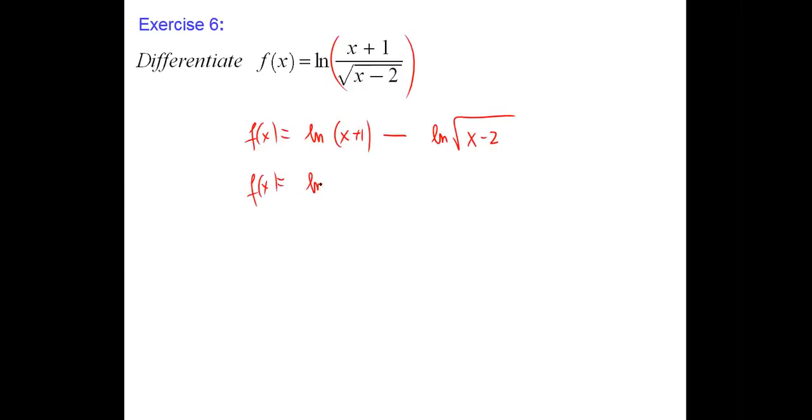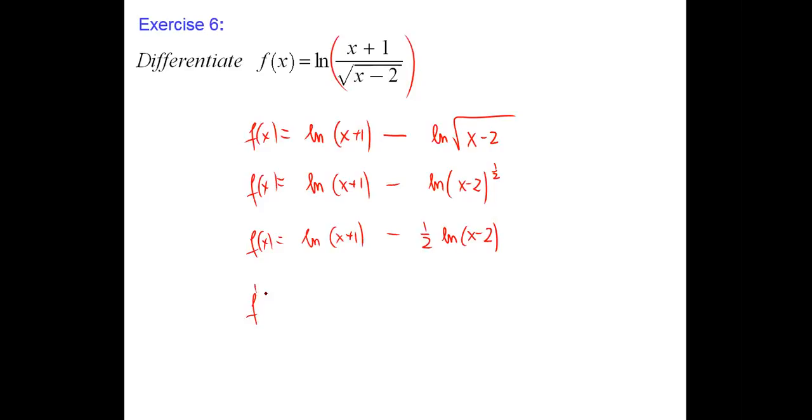Also, I can rewrite this root as a power of 1/2, and I can put this 1/2 in front of the logarithm. As you can see, I rewrote it. Please always remember, especially for logarithmic and trigonometric functions, if the expression looks too complex, try to rewrite and simplify before computing a derivative.